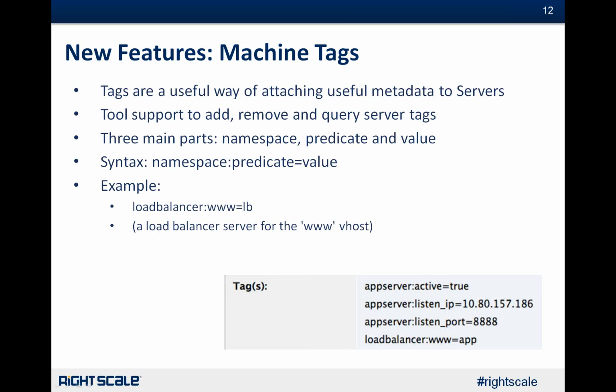Some other interesting information there is that the app server is listening on port 8888. And its listen IP is also listed there, and that the app server is active and ready for connections. So it gives you an idea of what we use them for. It's really useful when used in conjunction with our API for automating actions on sets of servers or subsets of servers.